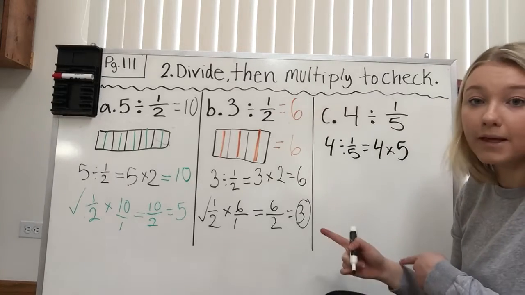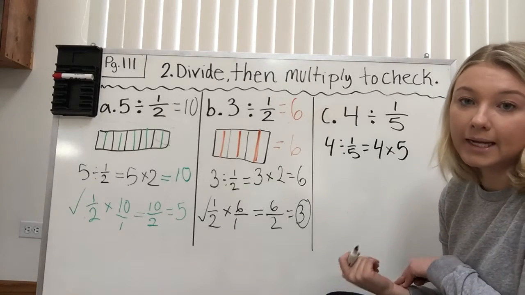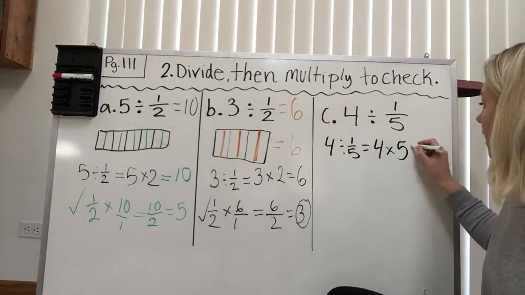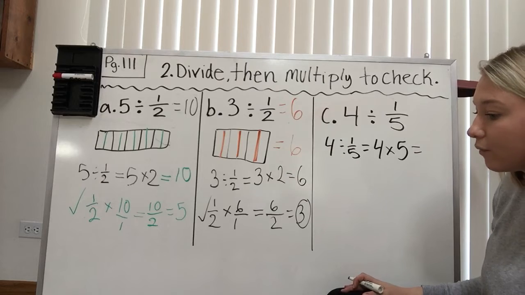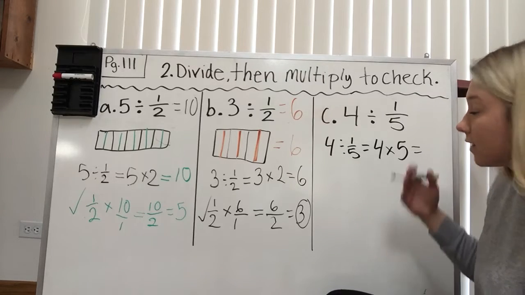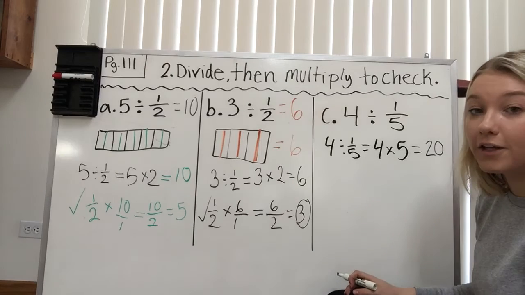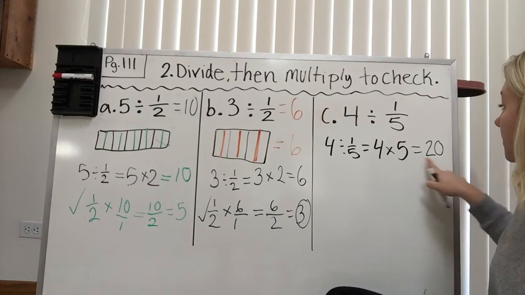Because I'm keeping 4, changing the sign and flipping the fraction to make it 5. And 4 times 5 we know is 20.